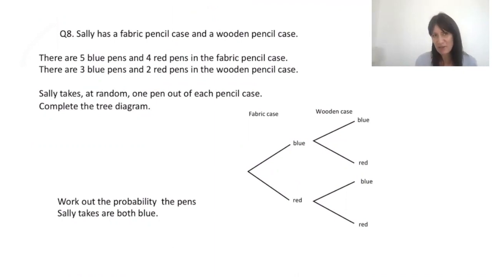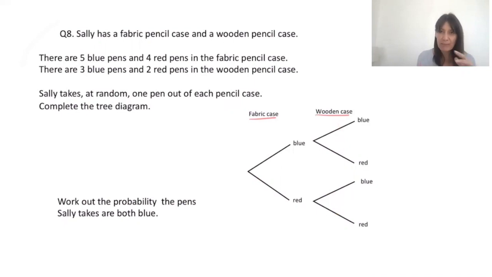Okay, so I know these types of questions can be sometimes tricky to pull together because there's a lot of information going on. One of the things that the examiner is trying to help you with is the labeling that they give here, okay? They are pretty much telling you that the fabric case information is going here and the wooden case is going here, all right?